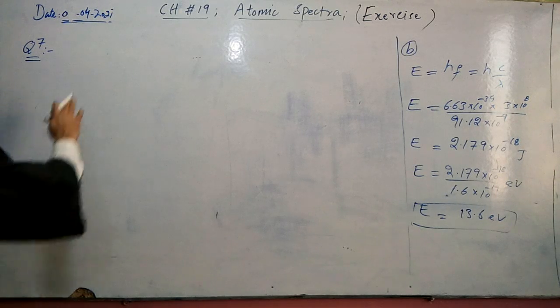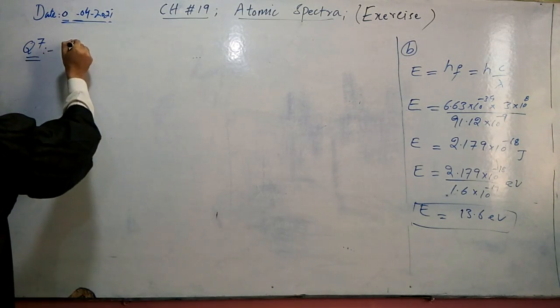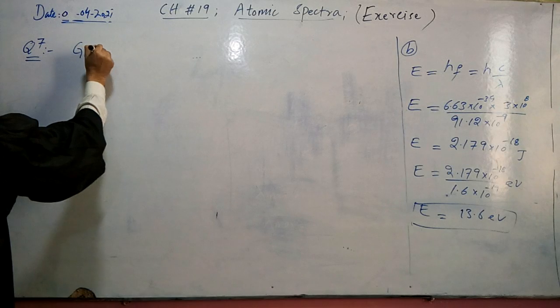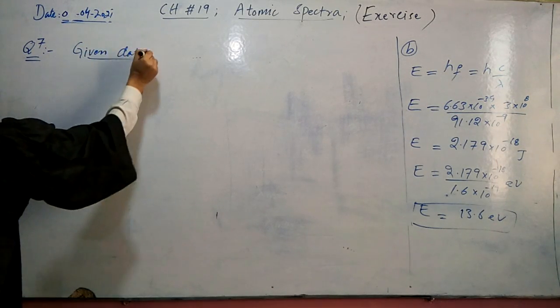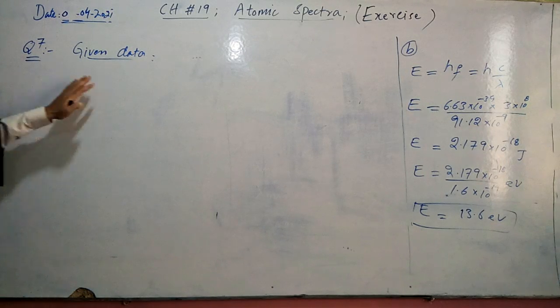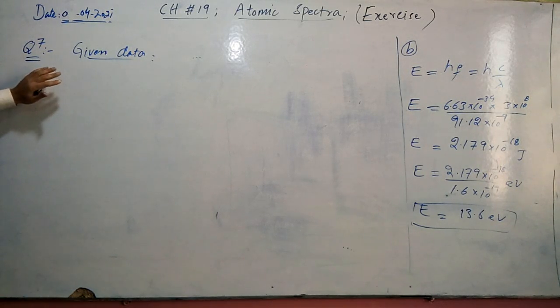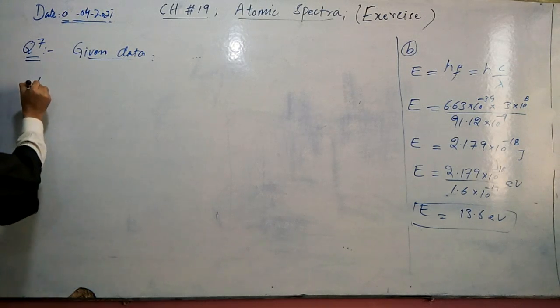To calculate the radius, we must know the values. Nothing is given in this statement, but to calculate the radius, we have to know all of these.